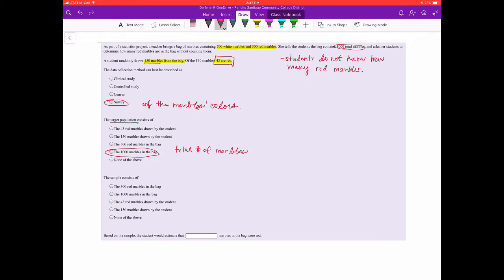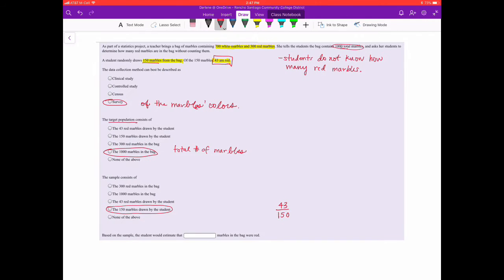However, when you took a sample, your sample consisted of 150 marbles drawn by the student. Because 43 of 150 of these marbles were red, then we can predict how many red marbles are in the bag.